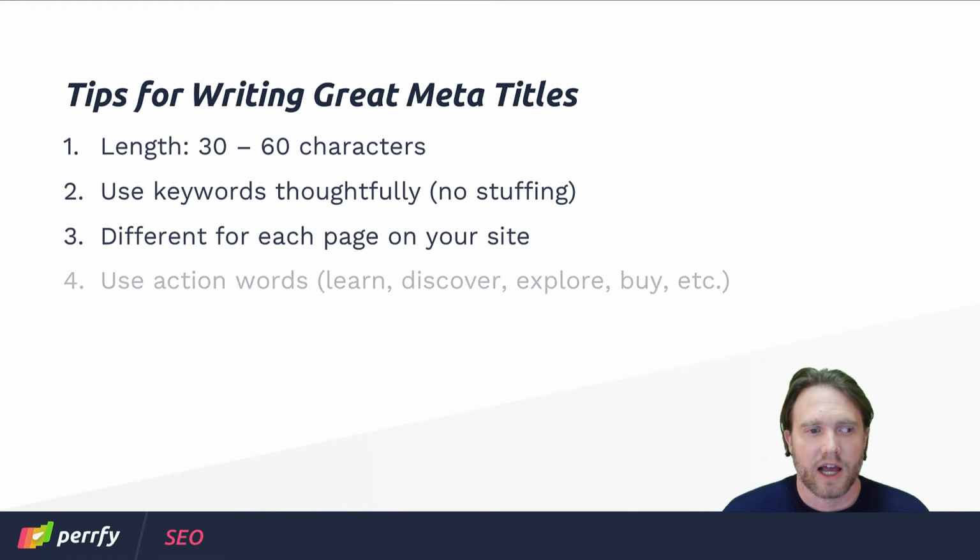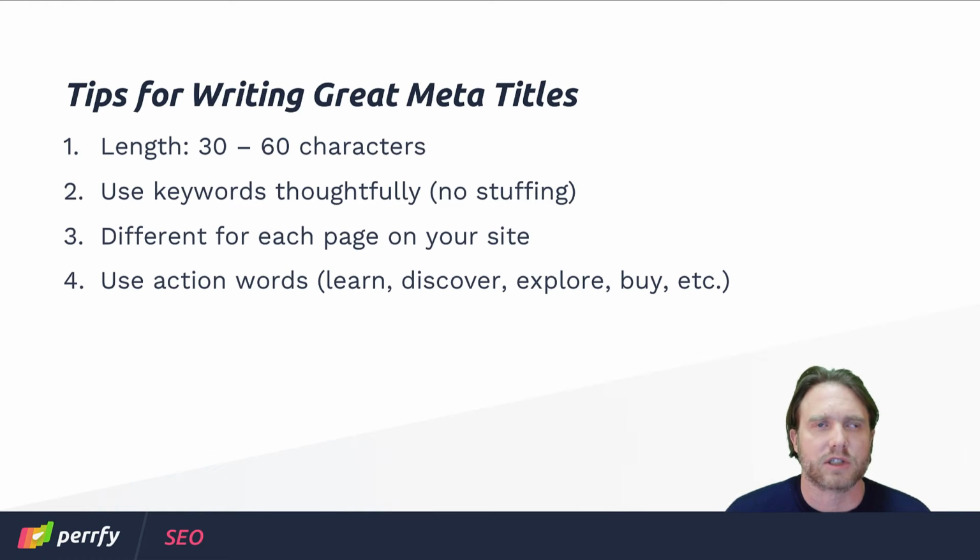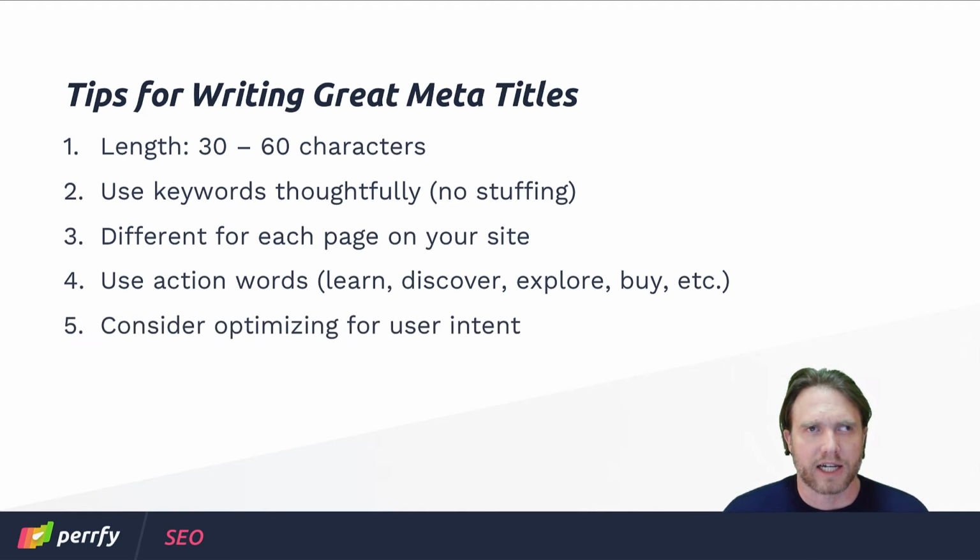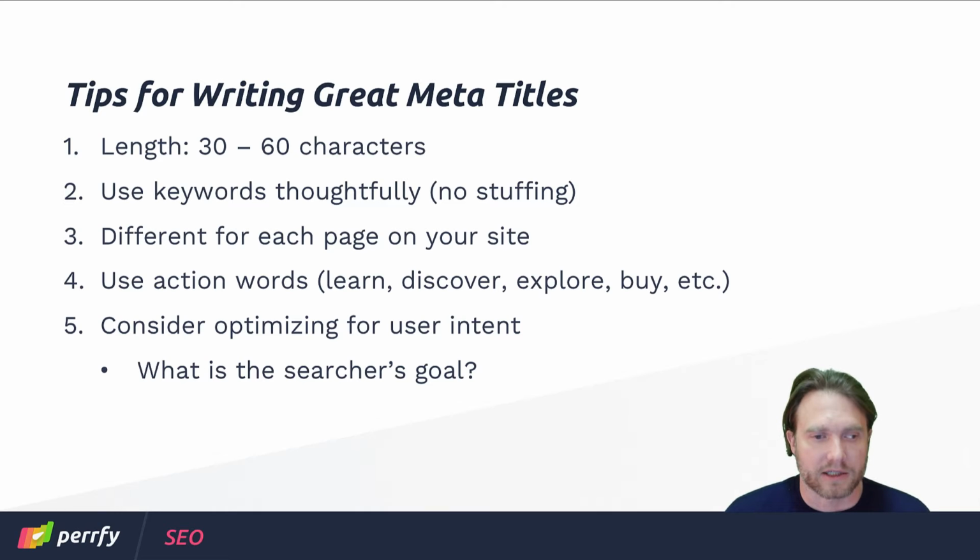That's important. I like using action words like learn, discover, explore, buy, so it shows what's going to happen. And I think that's also interesting for user intent. So think about what the searcher's goal is, right? If they're looking to buy something, say buy, or if they're looking to learn more about it, use that in your title.